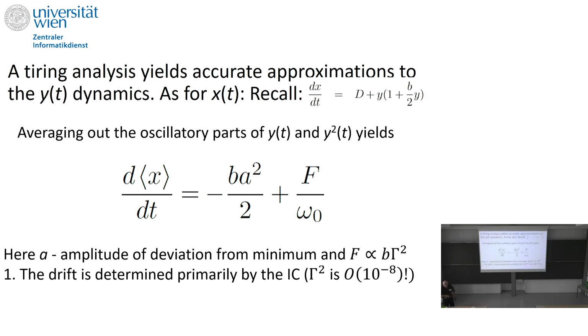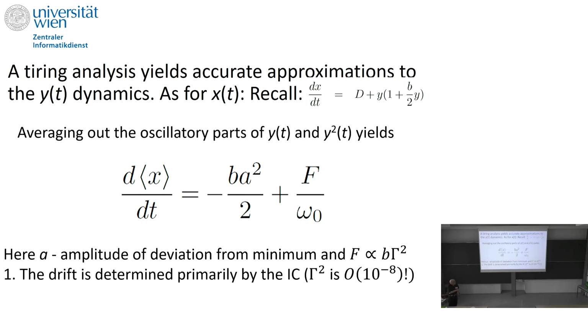Moreover, gamma squared, I told you that gamma is less than 10 to the minus 4. Actually, it's closer to 10 to the minus 5, but I just wanted to go on the high side. So the square of it is 10 to the minus 8. So except for very near the equator where omega 0 goes to 0, this is really, really tiny. Remember, our non-dimensional beta is order 1, cotangent of the latitude.